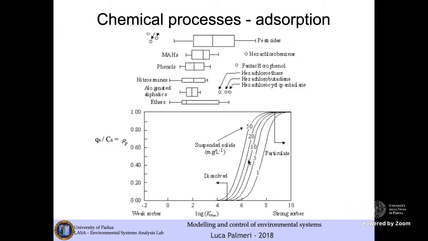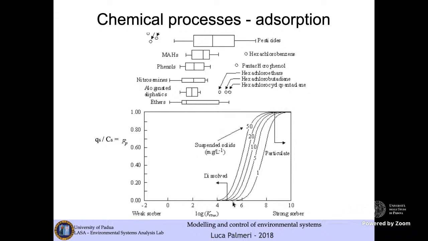These are different concentrations of the suspended solid: 50, 10, 5, 1 milligram per liter.